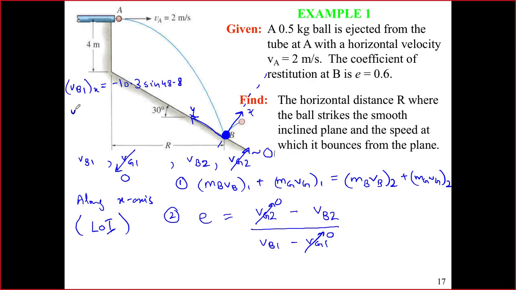Thank you. And VB1y was minus 10.3 cos 48.8 degrees. Okay, so now we are doing it along the x direction. I forgot to write that this is all the x. Right? So this is VB2x, this is VB1x.